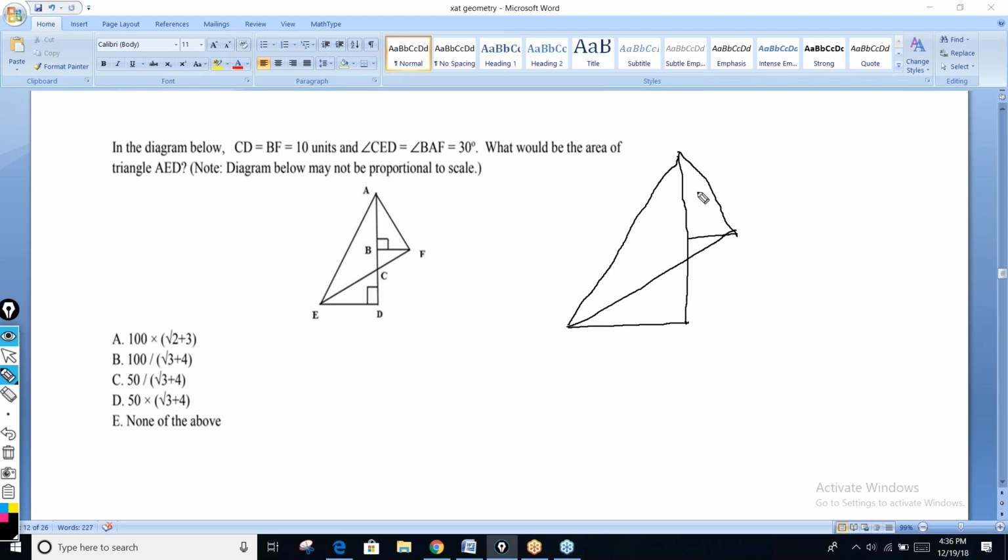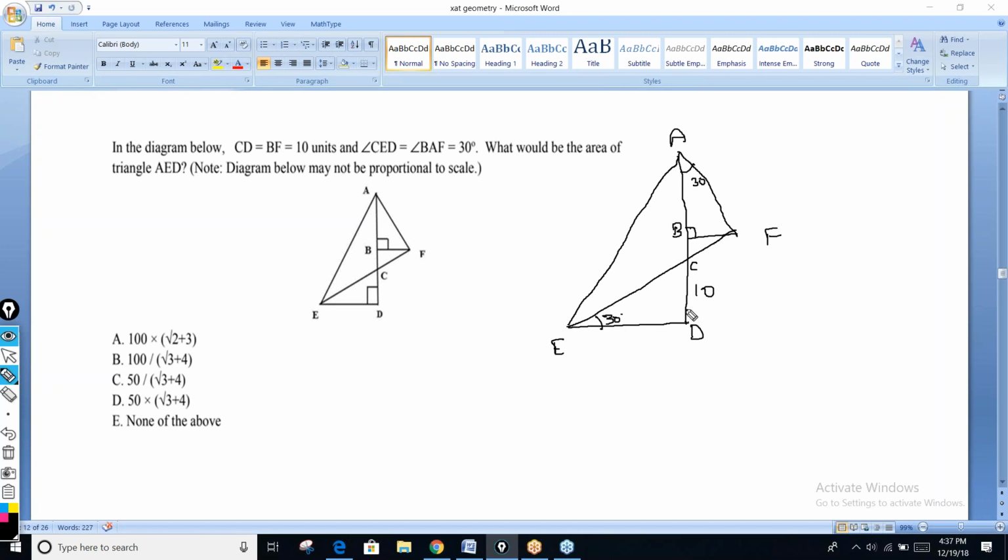So in this question, CD is 10, and CED is equivalent to BAF, that is given as 30, that is also given as 30. What would be the area of the triangle AED? We need to find out the area of this triangle AED.